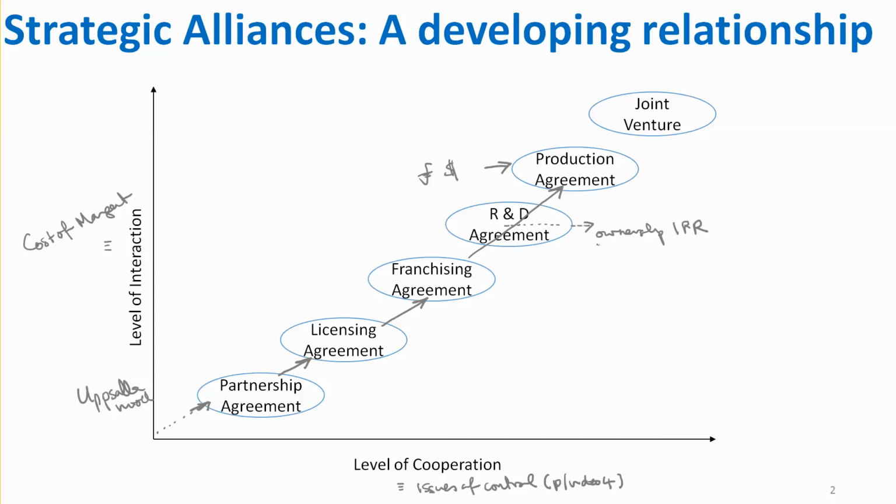So we're getting issues of some kind of ownership, or specifically joint ownership, and we're getting financial agreements as part of this as well. And then finally that can lead to a joint venture.